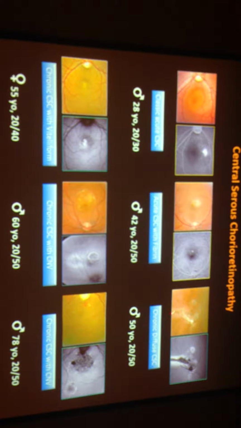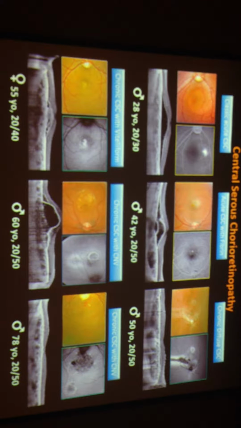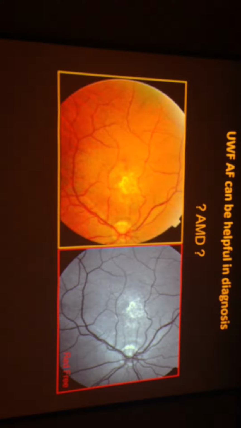You can also have chronic diffuse CSC here, as well as vitelliform, and you can have choroidal neovascularization with chronic CSC as well. But what they all have in common is that they have a pachychoroid and a very thick choroid, where you can see there are dilated choroidal vessels and thickness of the choroid.